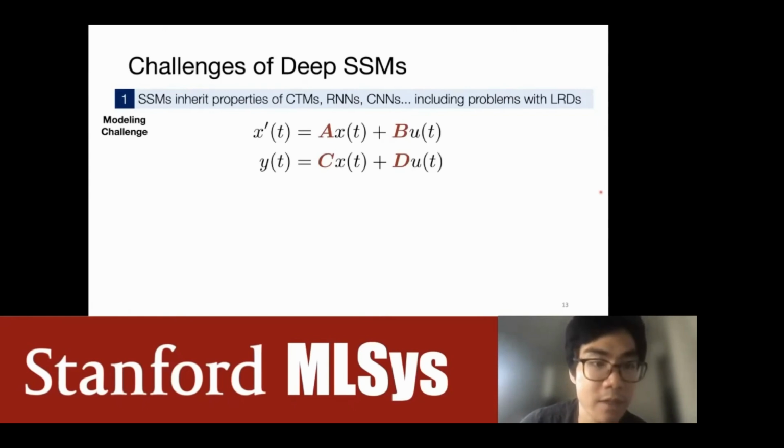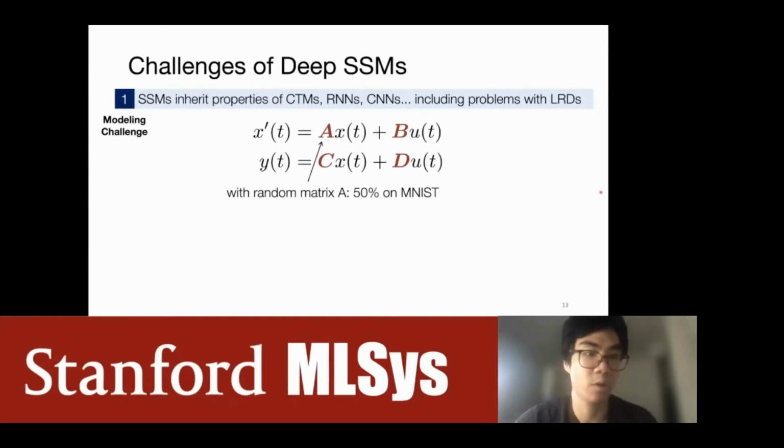But if you randomly initialize them, this A matrix is the most important parameter because it controls basically the state dynamics, and with a randomly initialized A matrix, this model basically doesn't work well at all. On the simplest sequential MNIST benchmark, which we'll see later, which most sequence models are expected to do quite well on, you usually expect at least 90%. This model does really poorly.